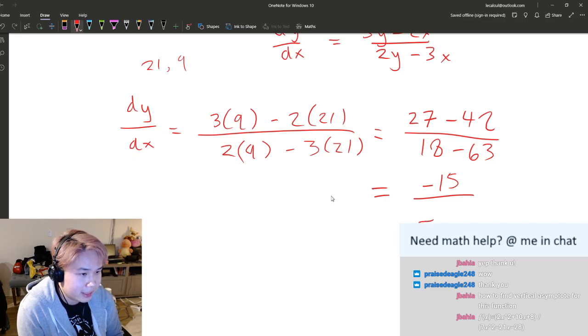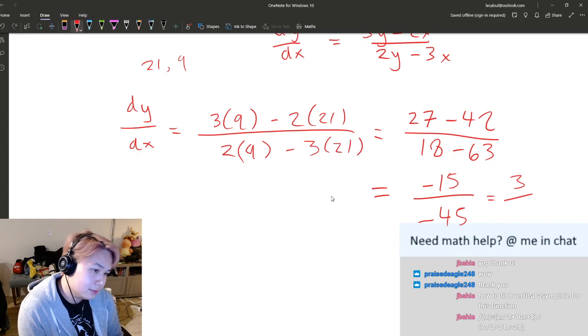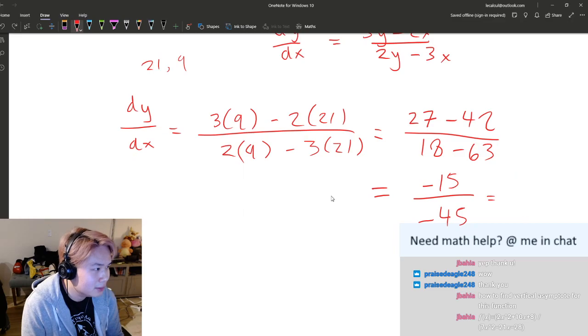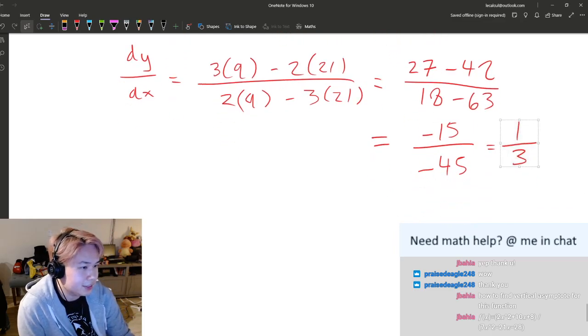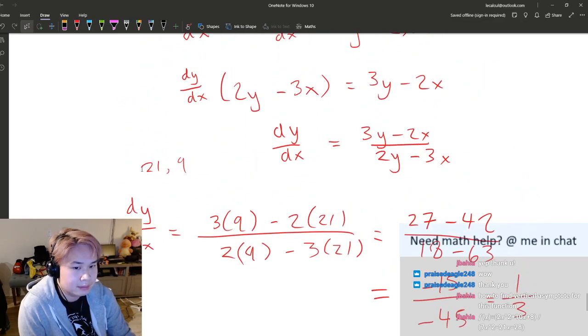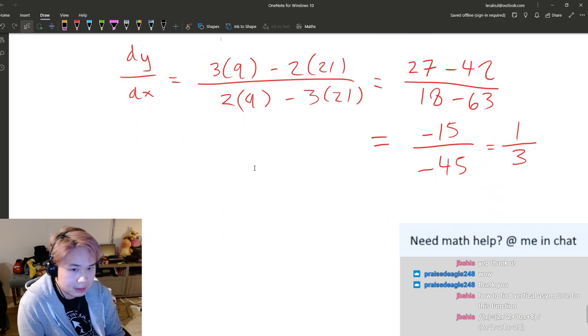Okay, and then we have, I think, negative 45. So this will reduce to positive 3 over 9, maybe? Well, actually, no. This is just 1 over 3. Okay, so here's your tangent slope at this coordinate. We want the normal. So our normal is the negative reciprocal.